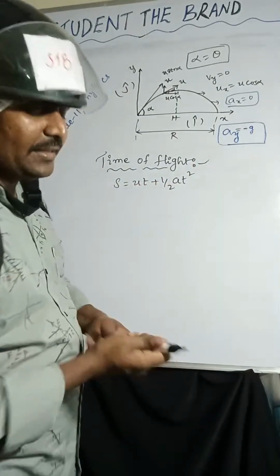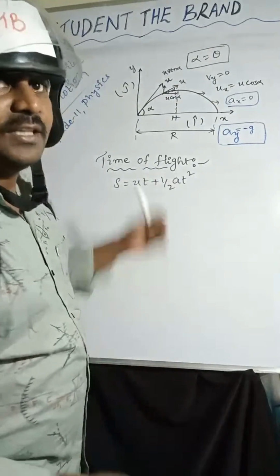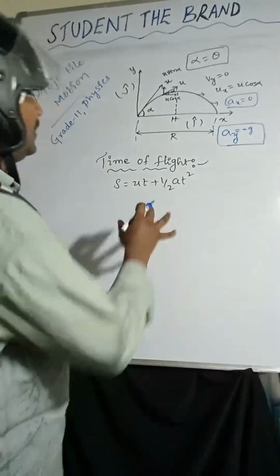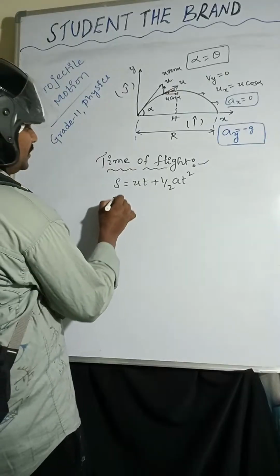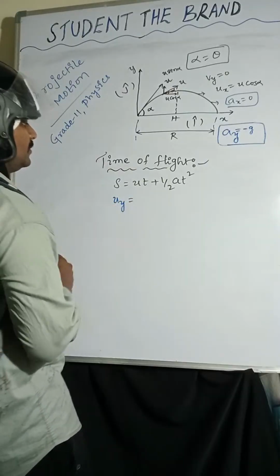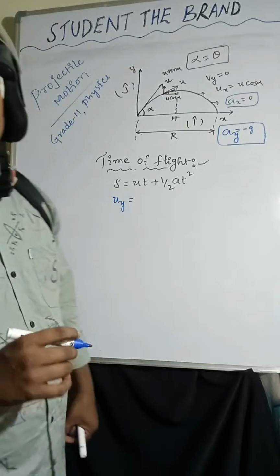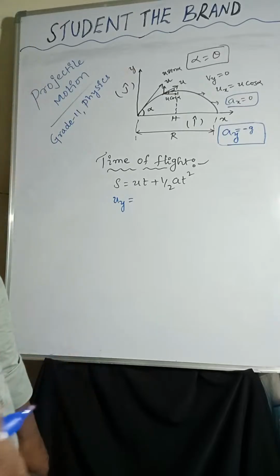First we will consider the vertical component conditions. Uy equal to, what is the formula for Uy along the y-axis? Can you tell me?